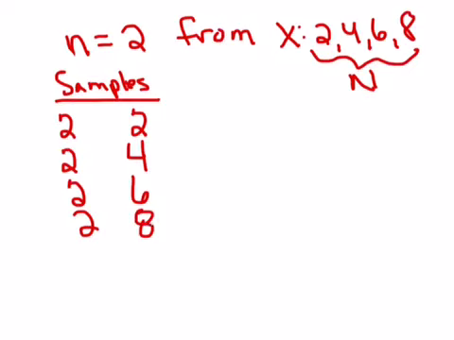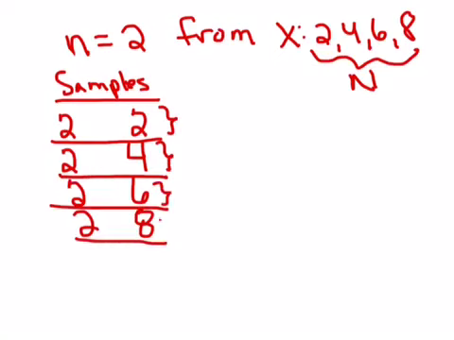So here's a sample, here's a sample, here's a sample, and here's a sample. So there are 4 possible samples of 2 from a population of size 4. Well, that just accounts for if I chose 2 first.